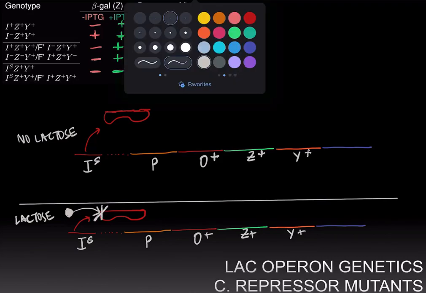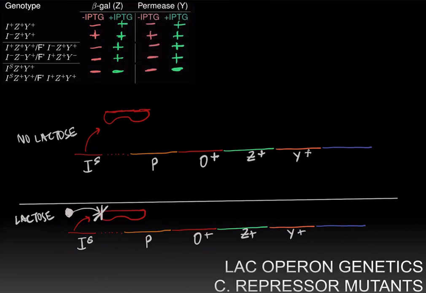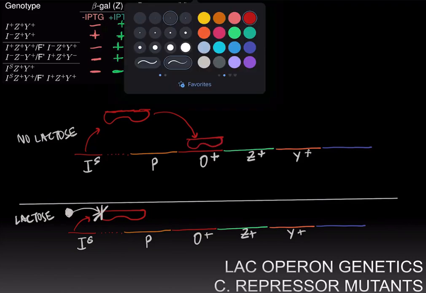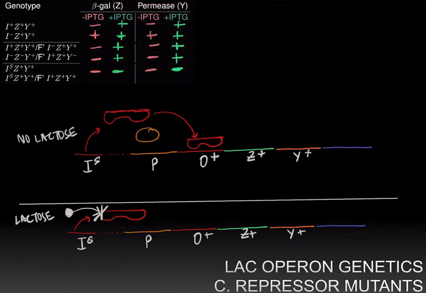Now, when you don't have lactose, the repressor goes and binds the operator site, prevents polymerase from binding the promoter, resulting in no transcription and therefore no beta gal or permease when you don't have any IPTG.